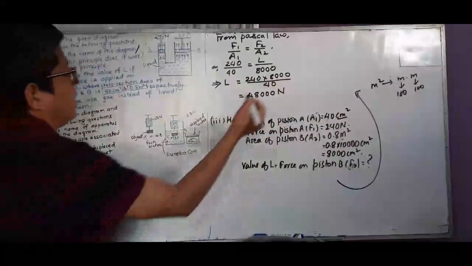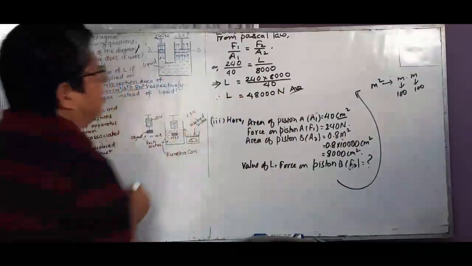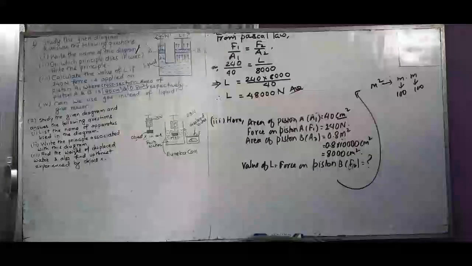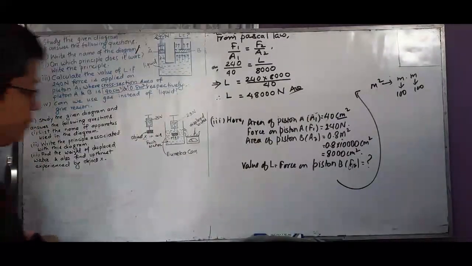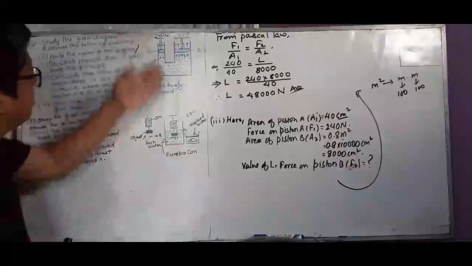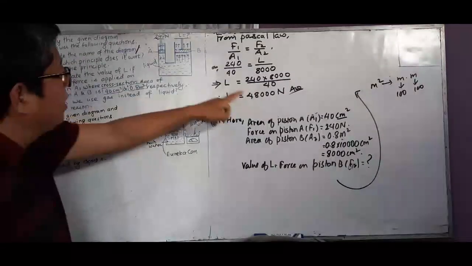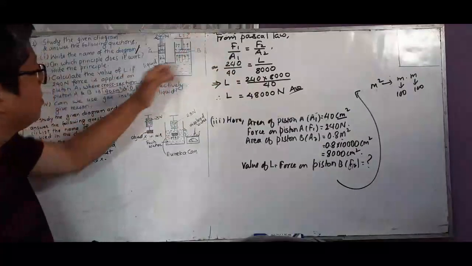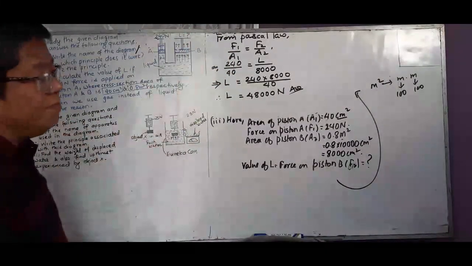So the value of L is 48,000 Newton. This completes the third part of question number 1. To balance 240 newtons, 48,000 newtons of force should be kept on the piston B.